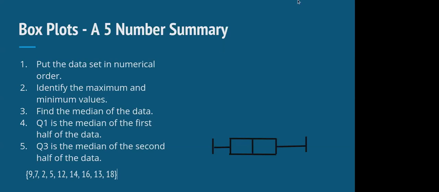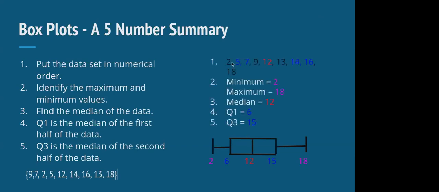So if this is the data set that we are given down at the bottom, 9, 7, 2, 5, 12, 14, 16, 13, 18. So first, we put the data in order.